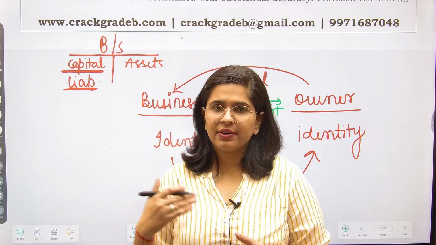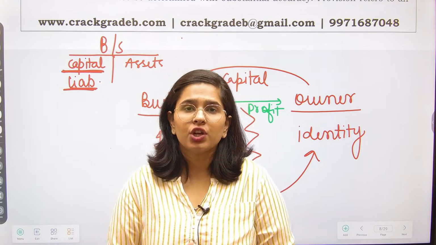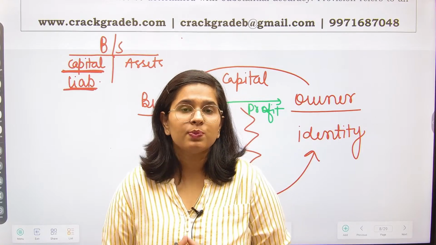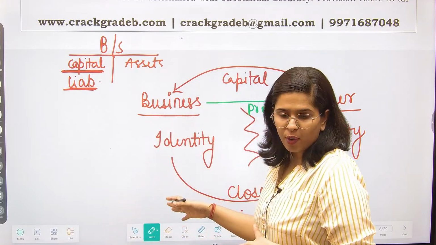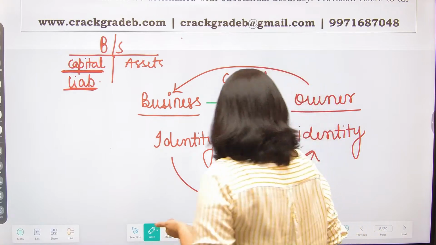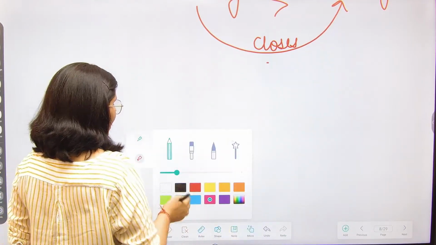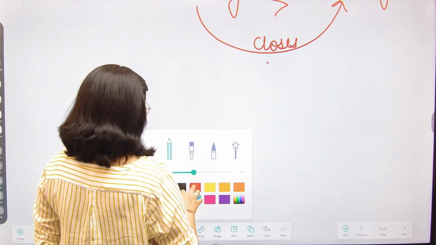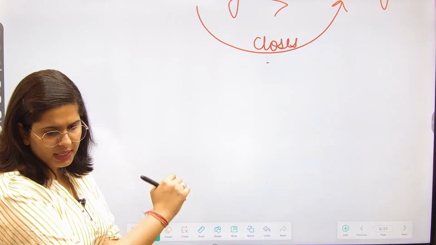Those that are not connected with the business, for example, the school fees of his children. Such things will be withdrawn from the capital, and we call them drawings. Yes, very good. So I explained all these things together, because they will come again and again when I prepare the balance sheet.